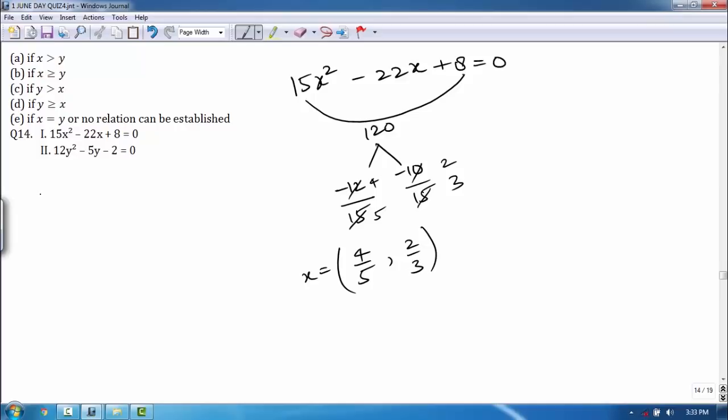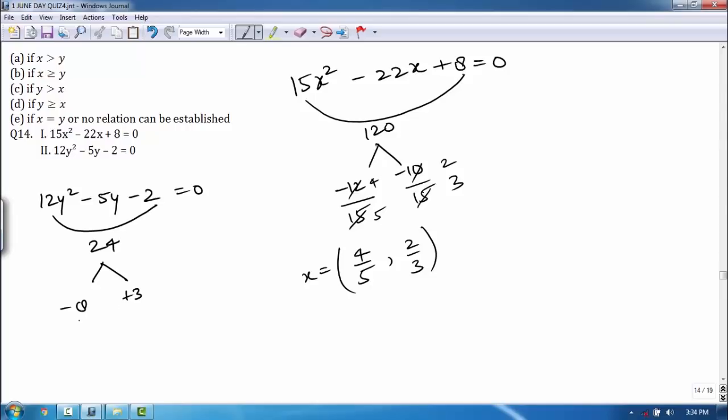Now the second equation is 12y square minus 5y minus 2. On multiplying 12 with 2 we get 24, and on dividing it further we get minus 8 and plus 3.